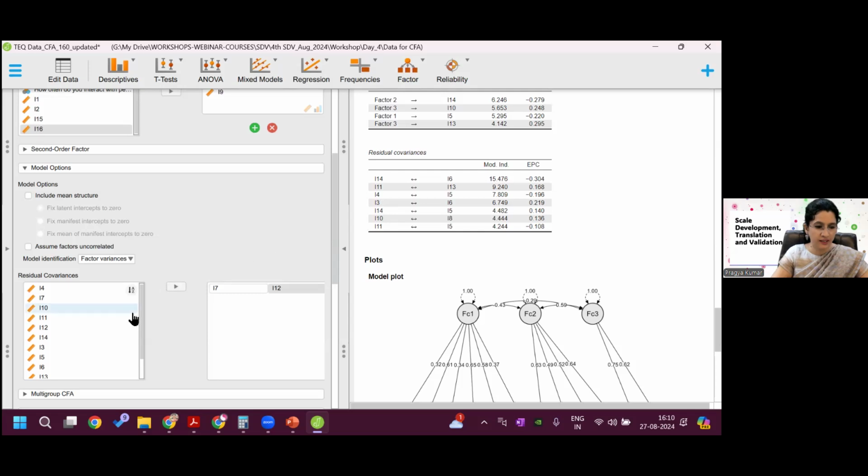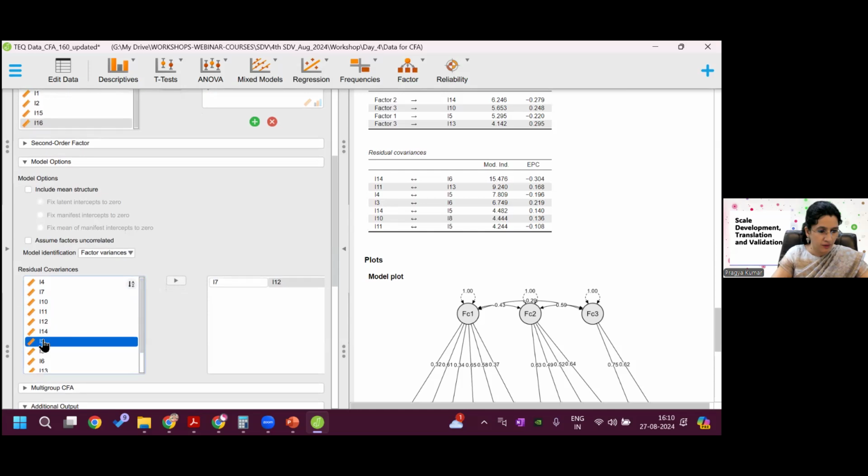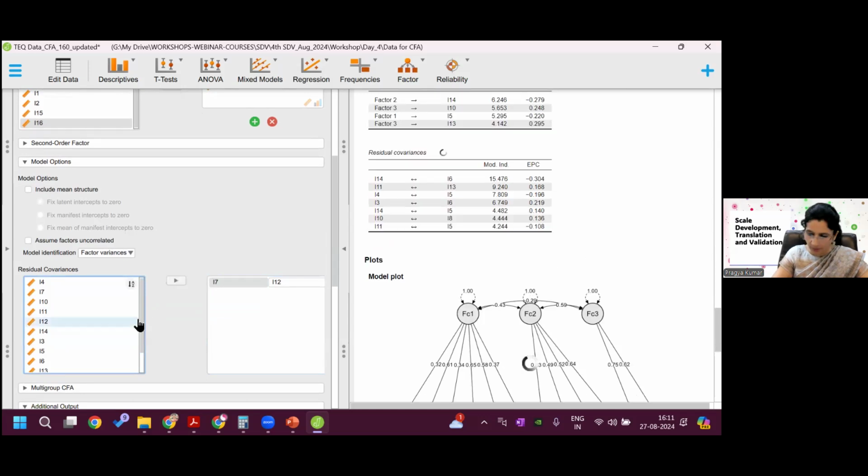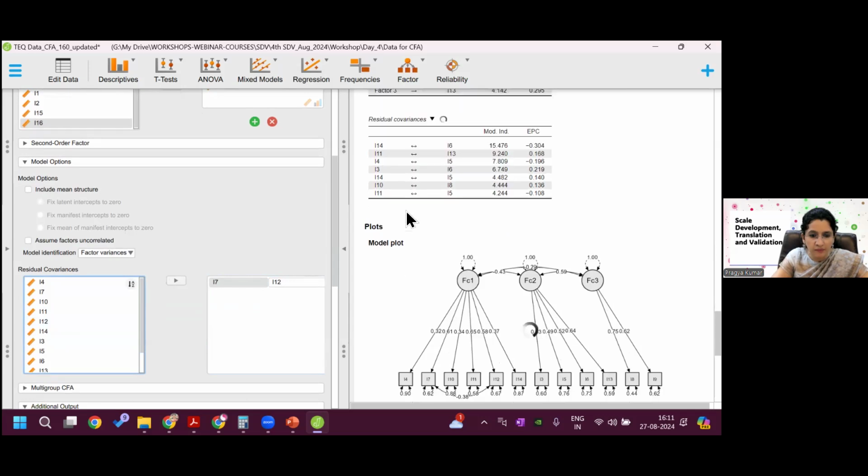So 3 and 6 I can move. Okay, it has gone here, no? It was 7 and 12, no? So 7 was here. Okay, so I have to select it. So 3 and 5, 3 and 6.